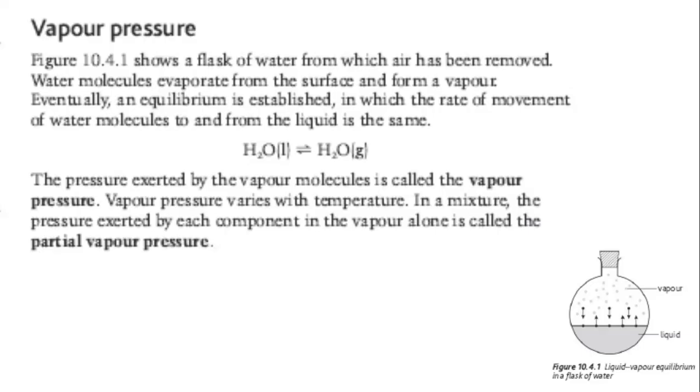So when that happens, the molecules that are gases are going to exert a sort of pressure in the container, and we call that pressure vapor pressure. Now, if you increase the temperature, you are going to change the vapor pressure. And if you have a mixture, so if you have two liquids instead of one, then each component is going to do the same thing.